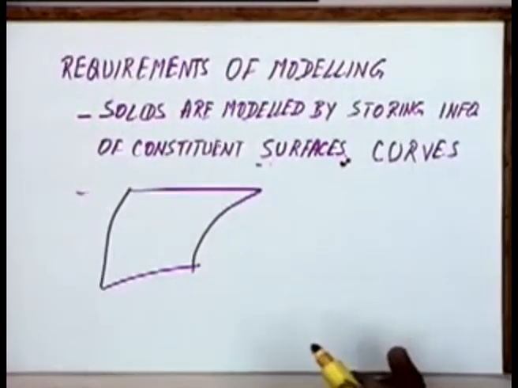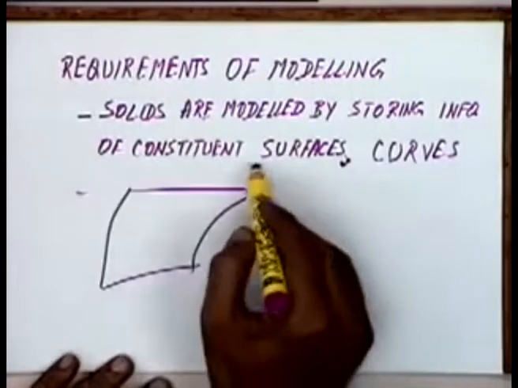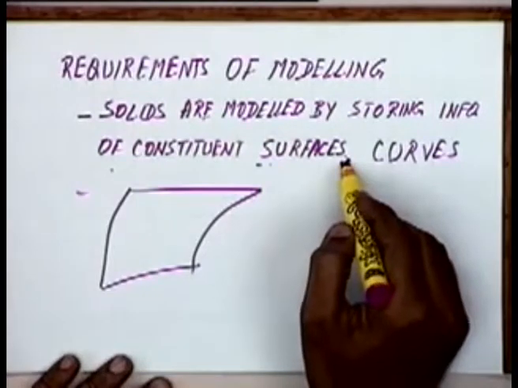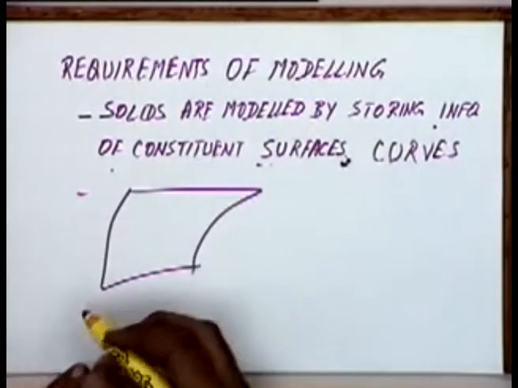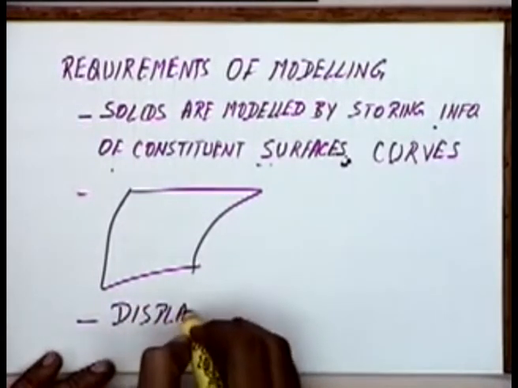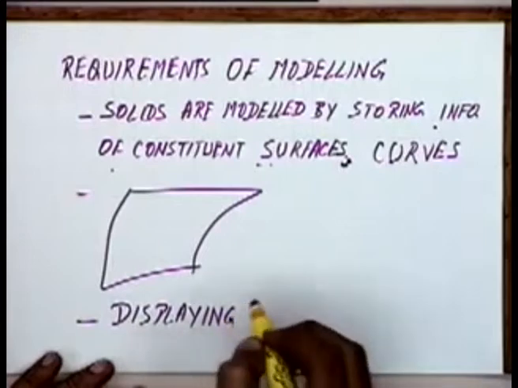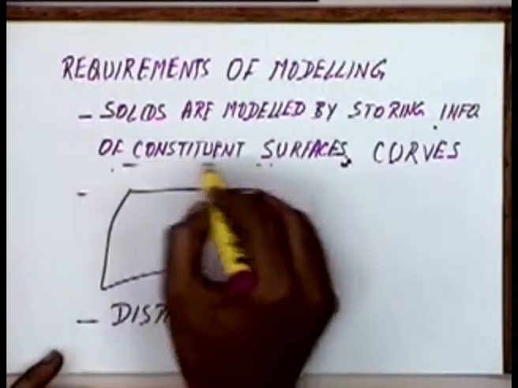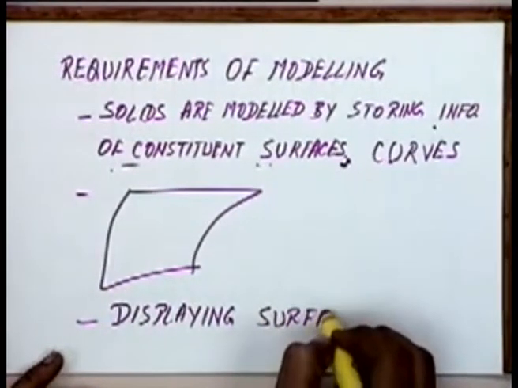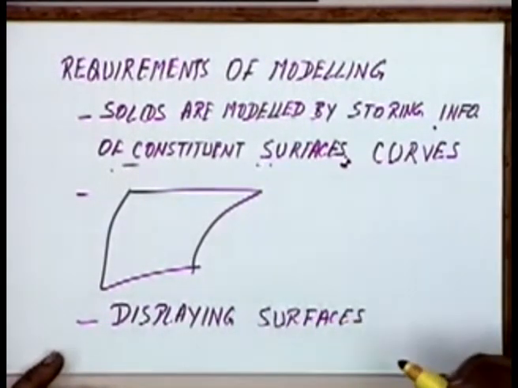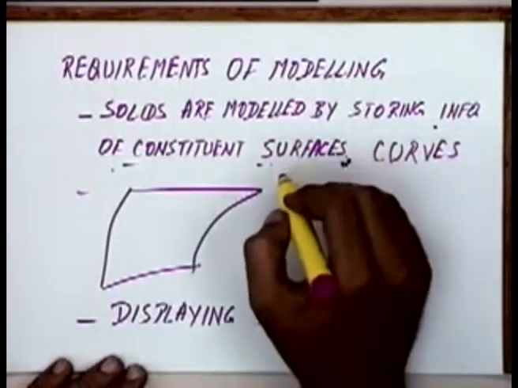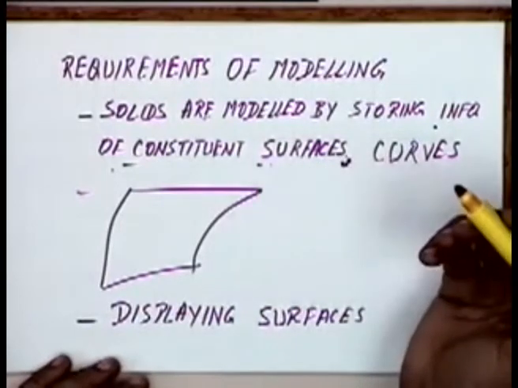Then, if I am representing or if I am storing information with respect to surfaces and curves, this would help us in firstly displaying the surfaces. Okay, so this would help in displaying surfaces. That means if I have to display any object, how do I display a solid?